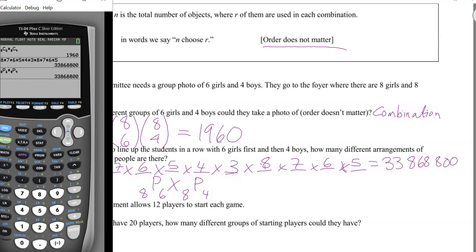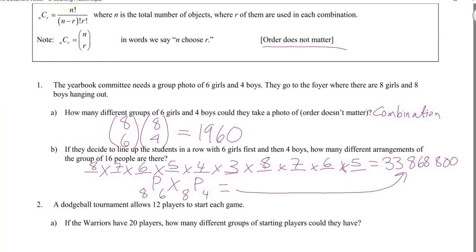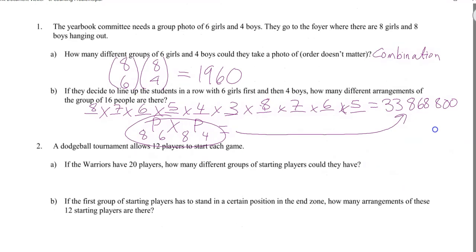And of course, we're going to get the same number. So either way you want to do it, you could do the fundamental counting principle, you could do it as a permutation, and just be aware that maybe they show the answer in this form, right? You'll end up with something like 8 choose 6, 8 choose 4, with you deciding, is it a permutation and the order matters, or is it a combination where it doesn't?